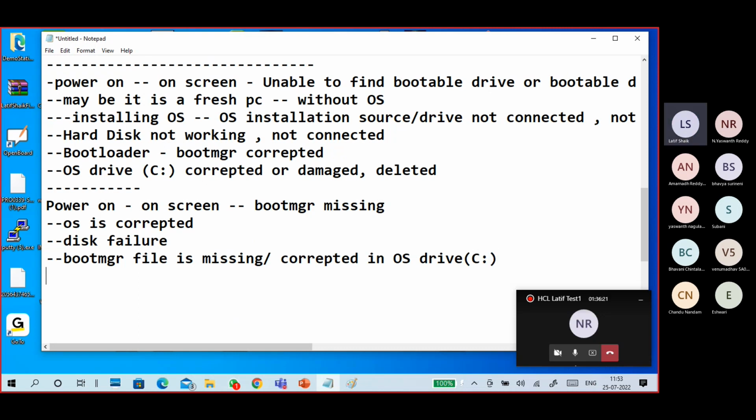Okay, these are the possible scenarios: disk failure, OS corrupted, and this kind of stuff.